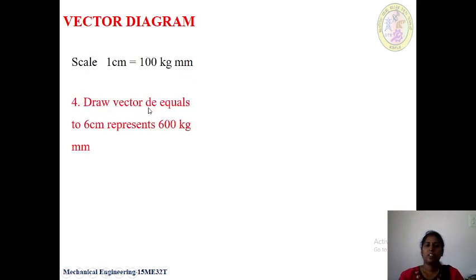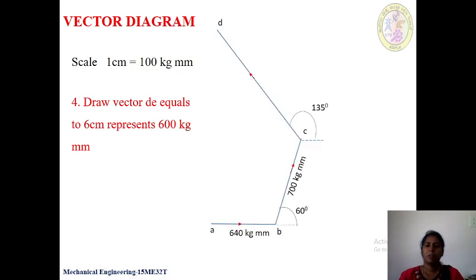Next, draw a vector DE that is equal to 6 centimeter which represents 600 kg/mm. So that is, already we have drawn AB, BC and CD vectors. That is AB of 640 kg/mm, BC of 700 kg/mm, CD of 1320 kg/mm.